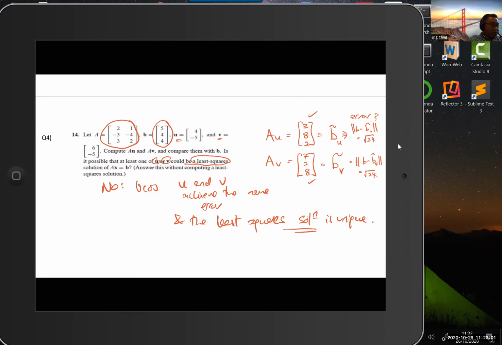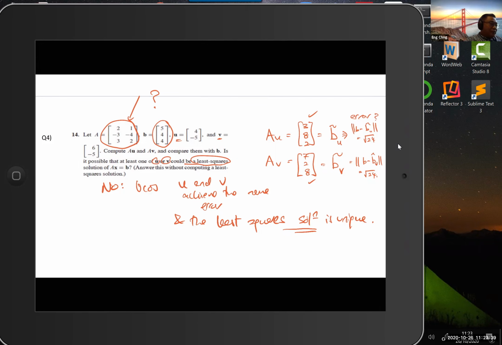The least square solution is unique because we can always find a solution such that it is the smallest. That's the unique part. But in question 3, we have already shown that it is possible to have infinite solutions. So the question is, in this case, was the surface a bowl, that means one global minimum, or was the surface a V shape such that many different solutions get the same error?